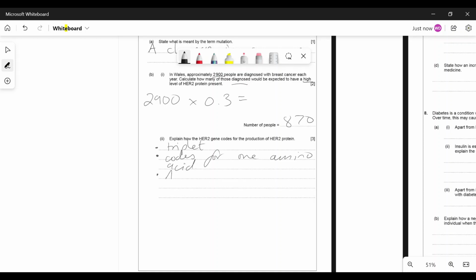The mark that people missed is that these amino acids need to join or link together. And you have to say it forms the specific protein, so if you're given the name of a protein, say the name. The amino acids join has to include the word join to form the HER2 protein.